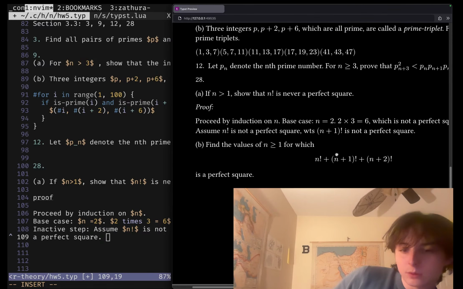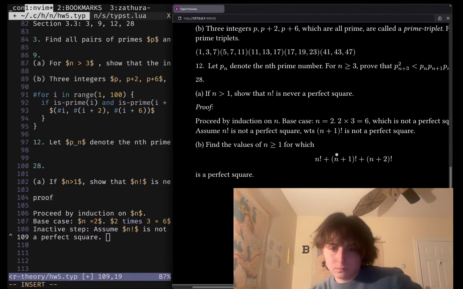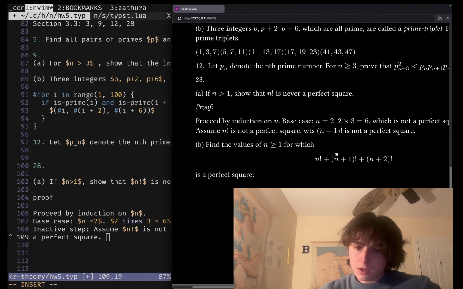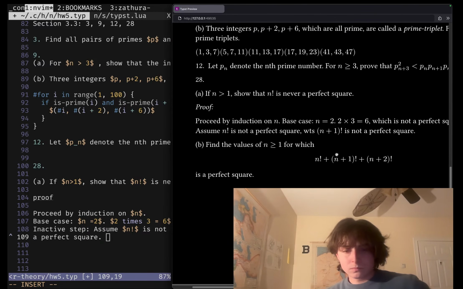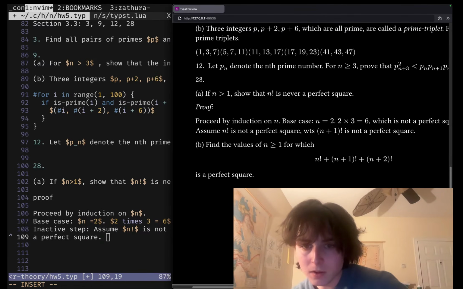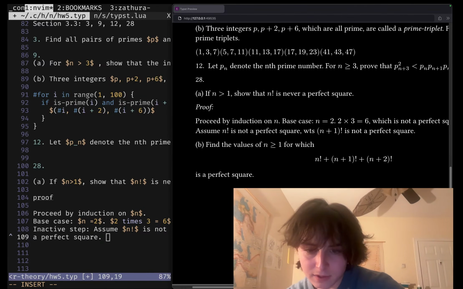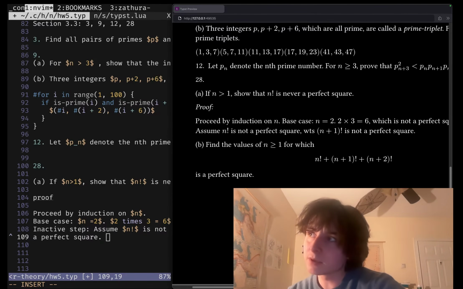Assume n factorial is a perfect square. Since n plus 1 is not n factorial and n factorial isn't a perfect square, then we can say the product is not a perfect square.